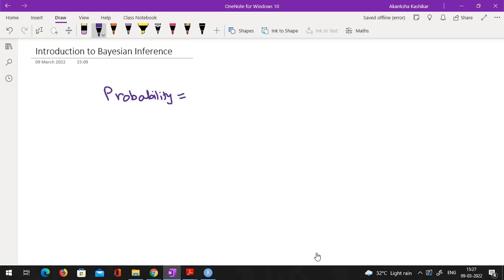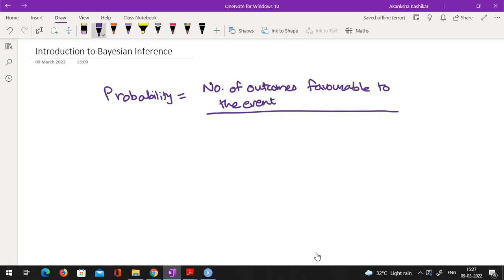So one definition he told is number of outcomes favorable to that particular event whose probability we are finding out, upon total number of outcomes in the sample space.